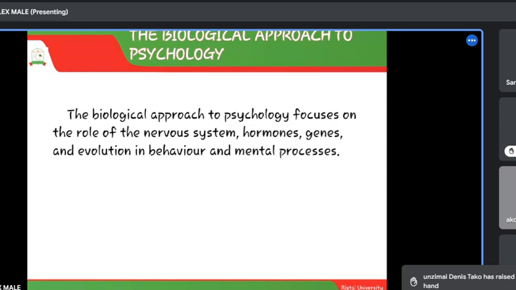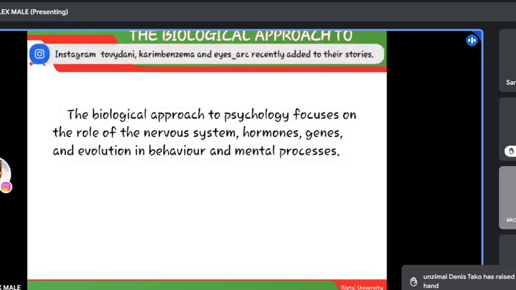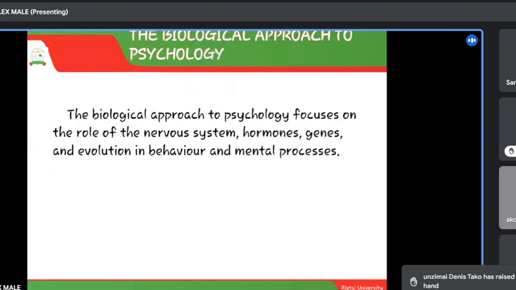For example, someone might have not been eating very well because they have digestive issues. These can also affect psychology. Someone has not been having proper physical exercise. People have been bedridden for a good number of days. So for such cases, biologically, are they functioning well? You get it? So this is the biological approach.